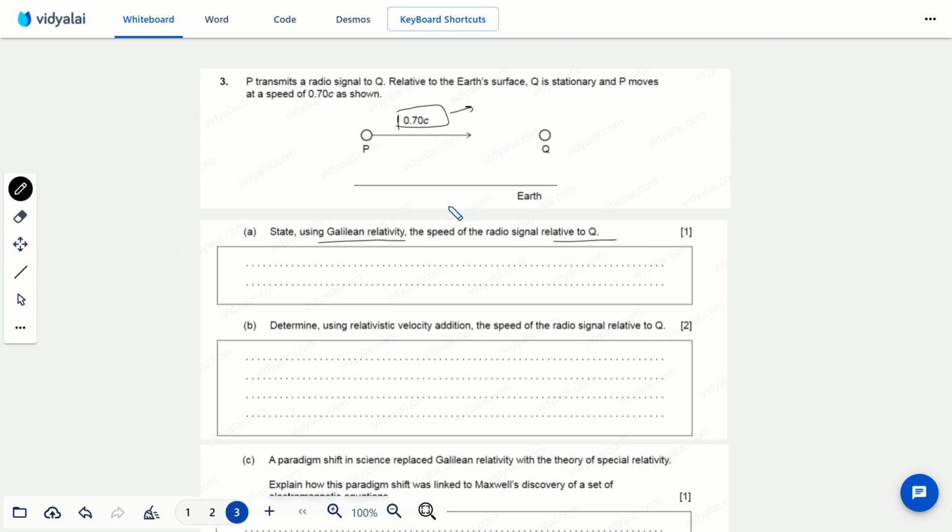Now, according to Galilean relativity, if something's moving inside of a moving frame, the thing's velocity is not just as seen from the moving frame itself.